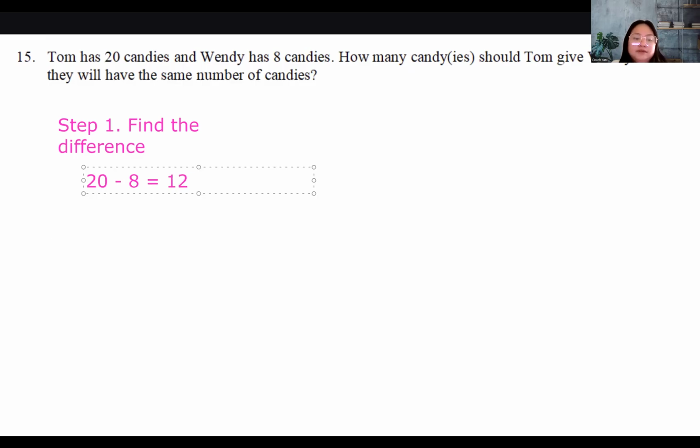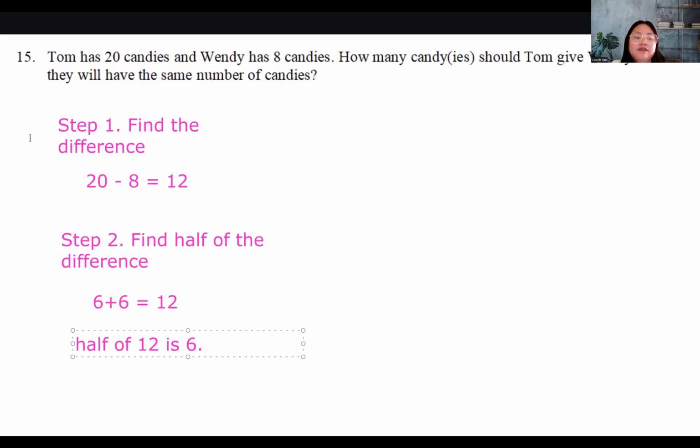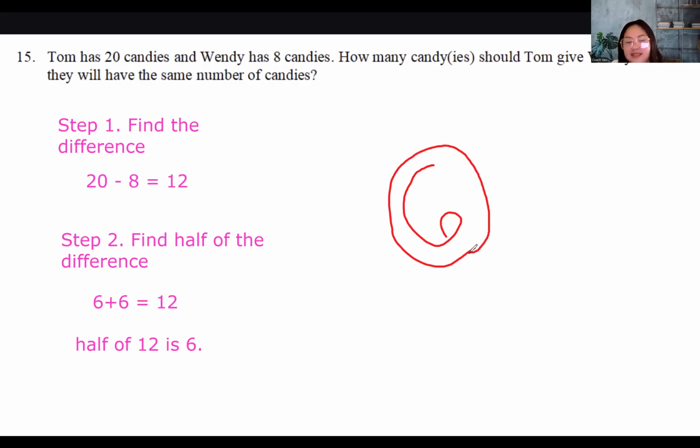Step 2, you find half of the difference. So, your difference is 12. If you do 6 plus 6, that is equal to 12, right? So that means half of 12 is 6. Whatever the half is, that is the answer.